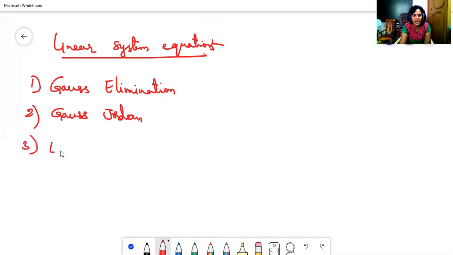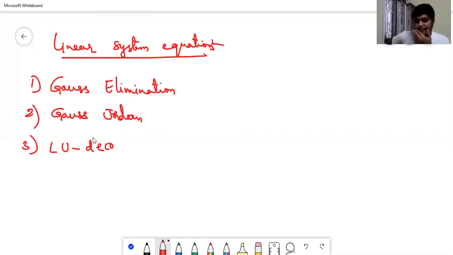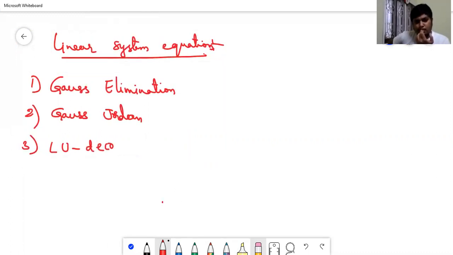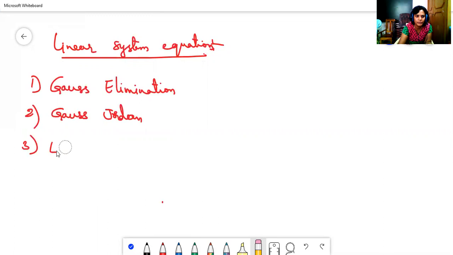Third one is the LU decomposition method, or method of factorization, that is A equal to LU. That is nothing but the factorization method.